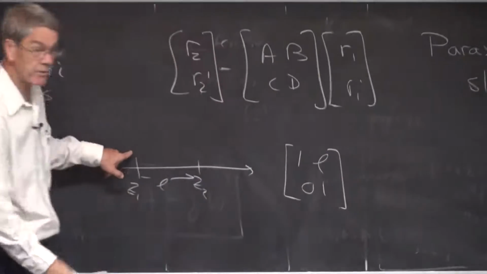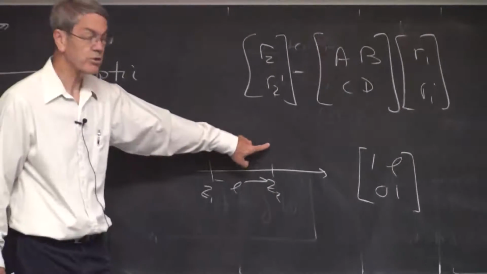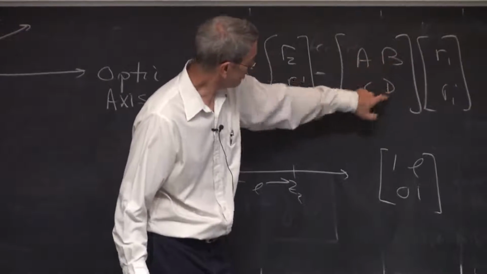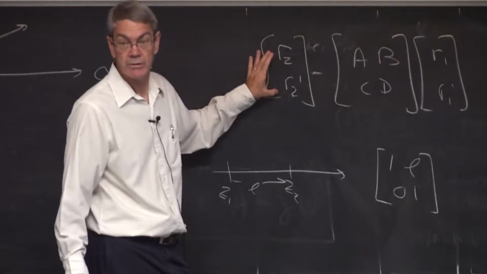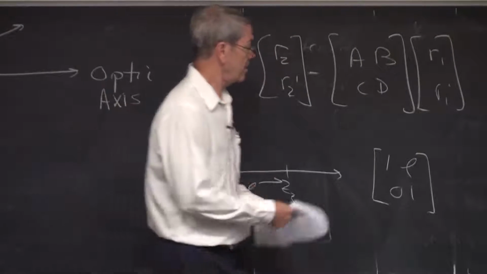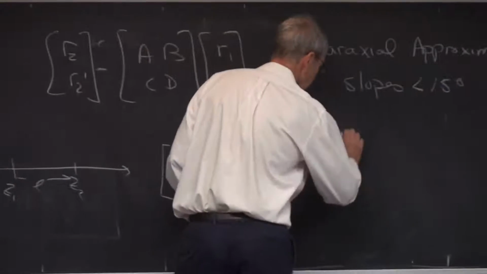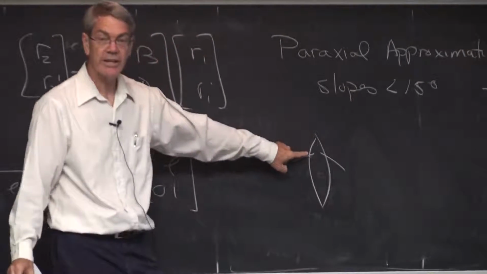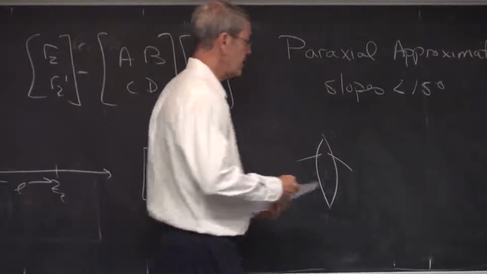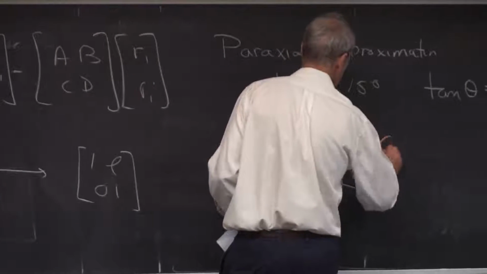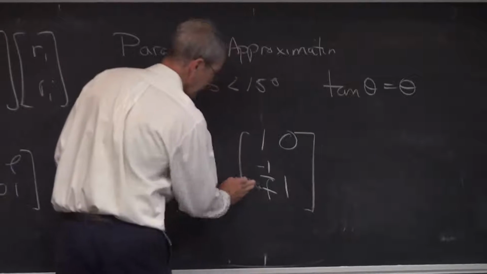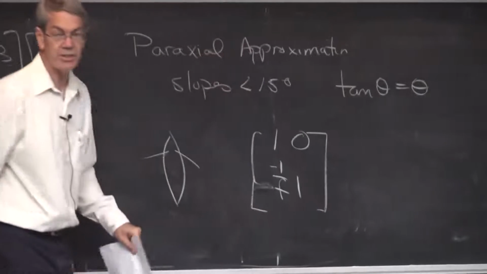So if I have a ray here, and I want to know what the ray is going to look like when it gets down here, I just operate on it with 1, L, 0, 1, and that gives me my new position and slope. And then we looked at the lens, and we found that if we have a ray entering the lens and a ray leaving the lens, it is defined in terms of 1, 0, minus 1 over F, 1. And that was the ABCD matrix for that.